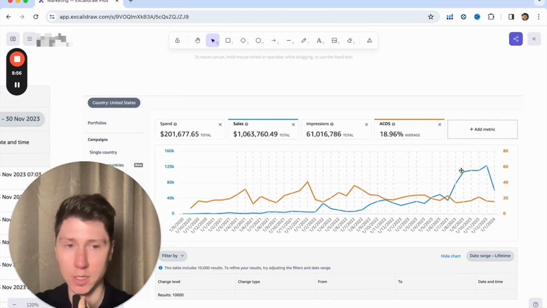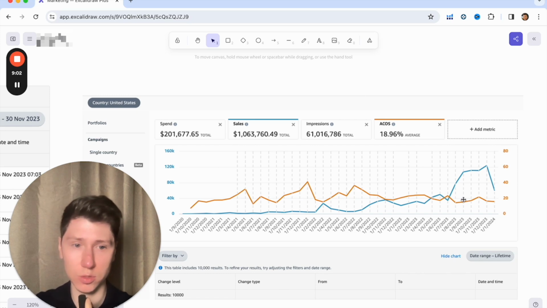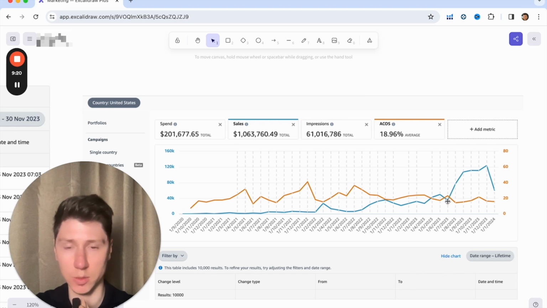So every month you have a lot of work to do, and ideally this is a good picture to see in your dashboard, when you have an ACOS which is very stable and ideally going slightly down, and sales are going up. So that's the point where we started working, and that's the good situation that you want to be in when the product needs more traffic. And that's how it works.